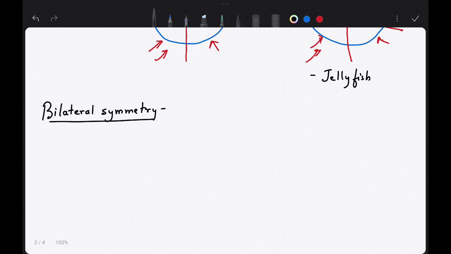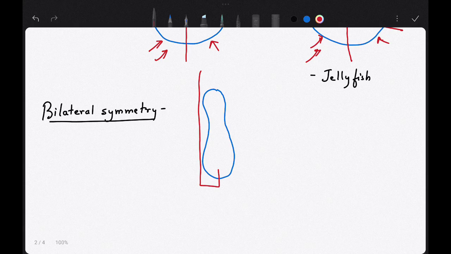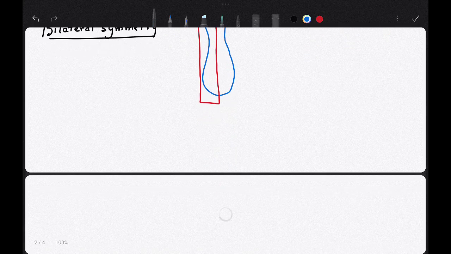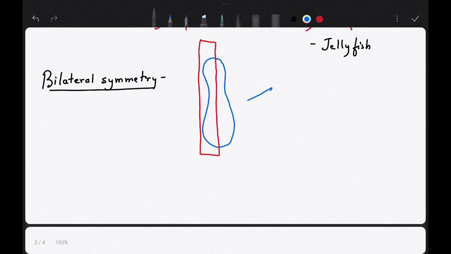Suppose this is a hypothetical organism, and if you cut it, it will be divided into two equal halves.